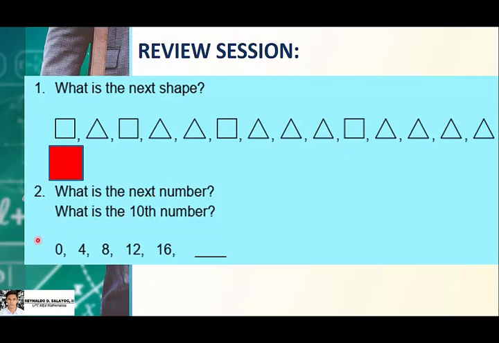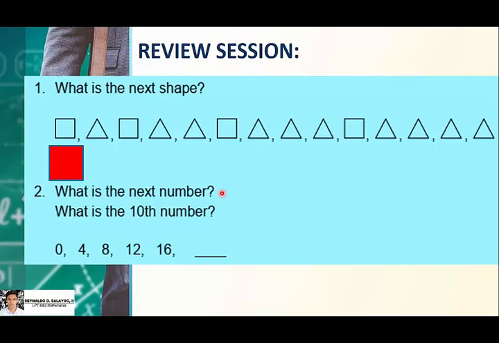The second pattern is that we got here 0 followed by 4 followed by 8 followed by 12 and followed by 16, and we have here an unknown number. Question number 1 for this second example, what is the next number? So considering the pattern, as what you observe, the pattern is obtained by adding 4 from the preceding number to get the succeeding number.